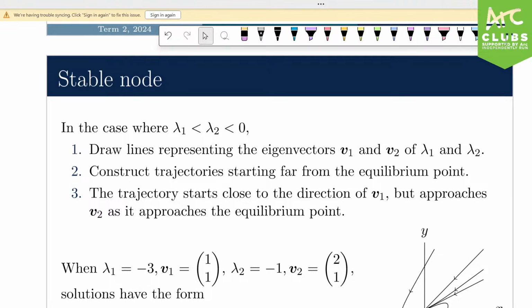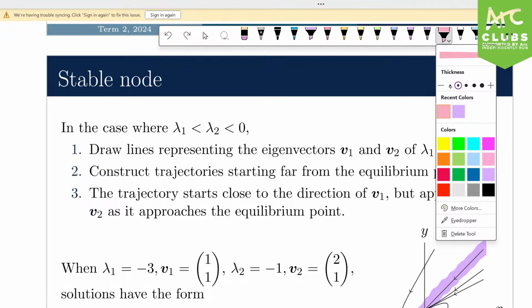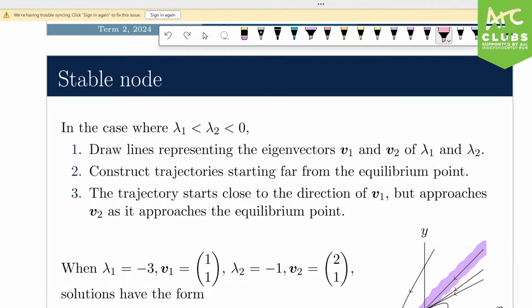In this case, our eigenvectors might look like this line here, and then like this line here. A bit hard to see, but I'll do it in another color and make it really small. So those might be our two eigenvectors, and we draw the spans of these eigenvectors.